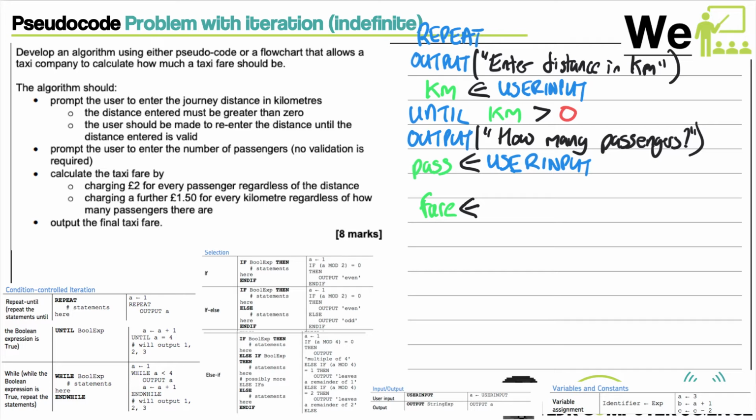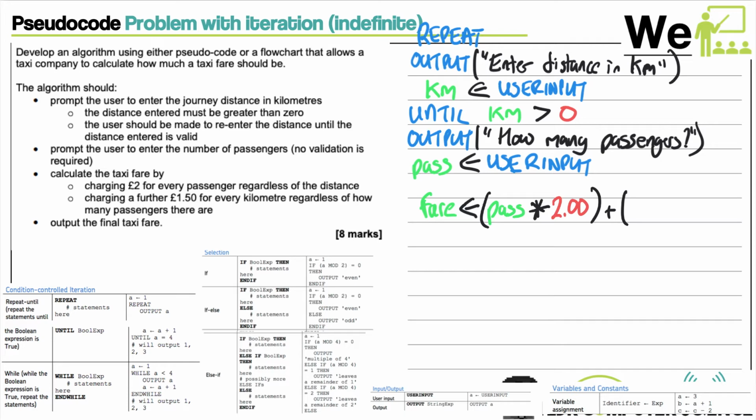So that's going to be passenger times by £2. So let's say times by 2.00. In fact, it'd be good to put that in a bracket. Plus £1.50 for every kilometre.